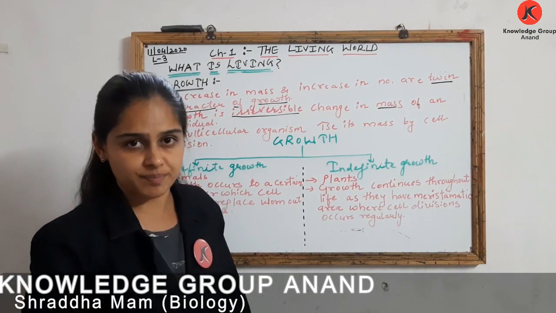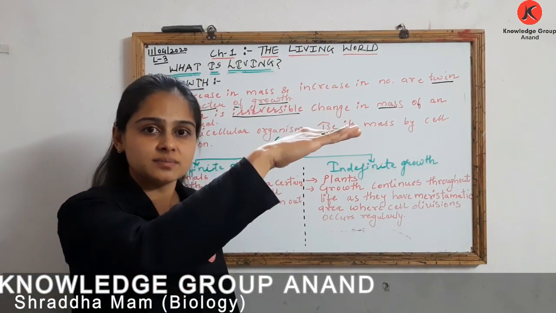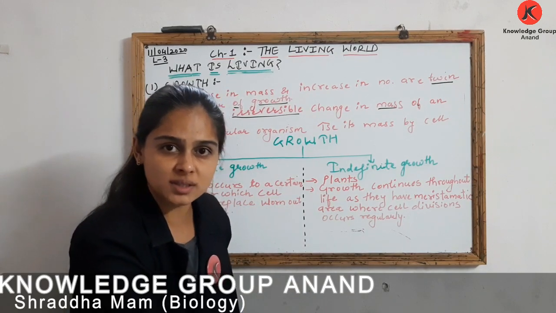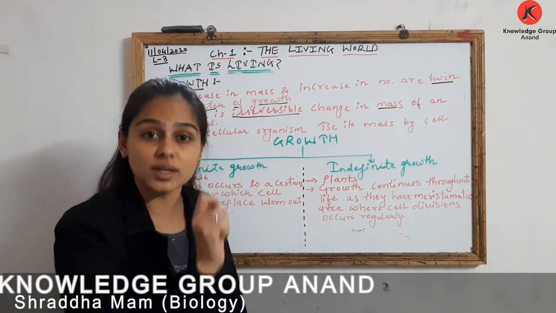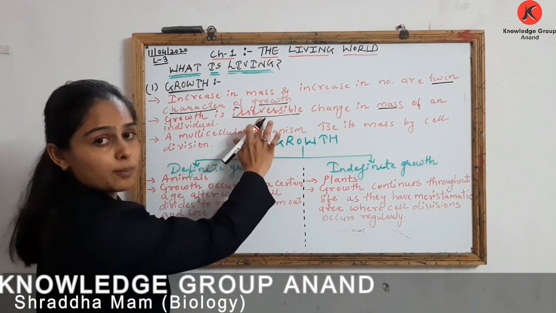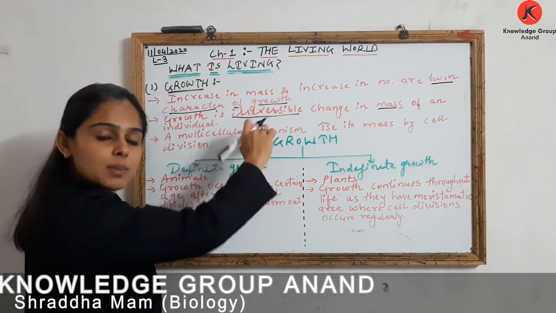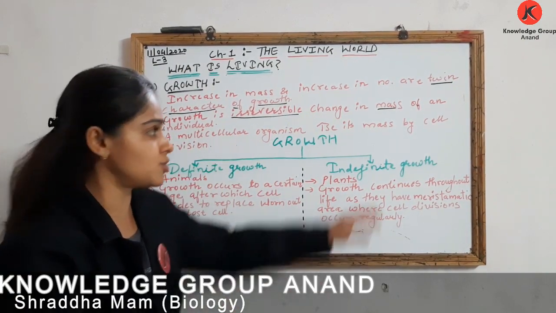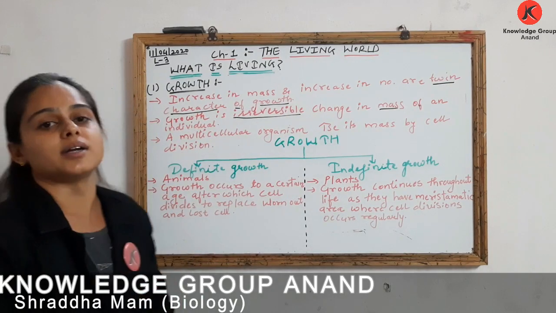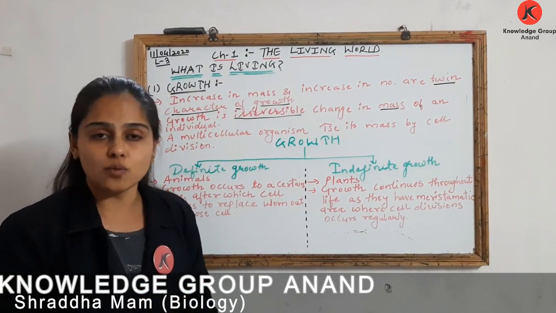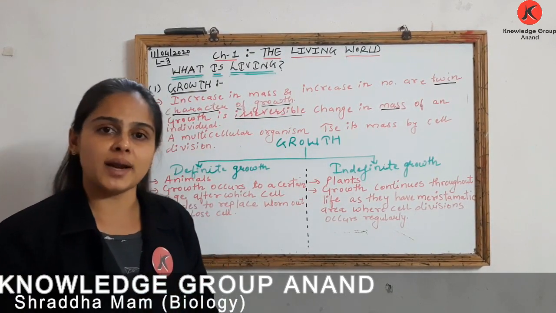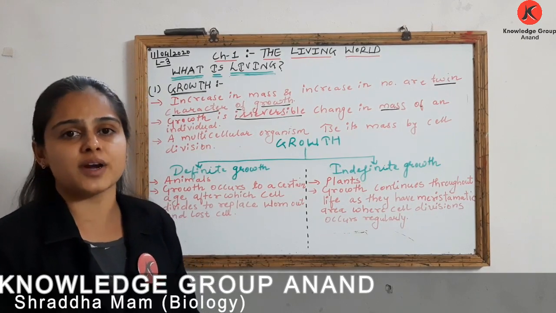Say for example, अभी आपकी हाइट इतनी है, अब आप इतनी हाइट वापस नहीं कर सकते, no, right? इसकी वजह से मैंने यहाँ पे बोला, it is an irreversible permanent change in mass of an individual.